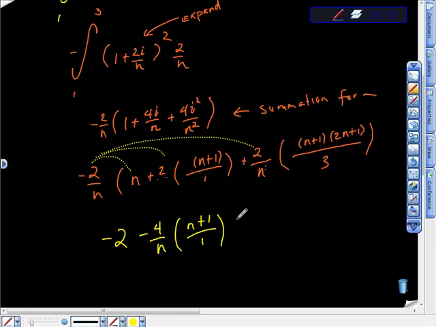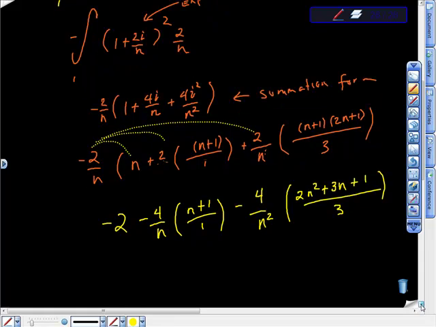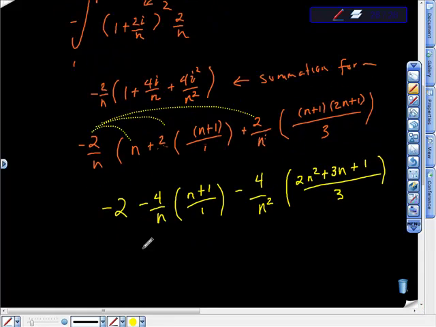And this times this is negative 4 over n squared. Isn't that right? And if I go ahead and expand this, I'll get 2n squared plus 3n plus 1 all over 3. Right? I'm hoping like crazy.